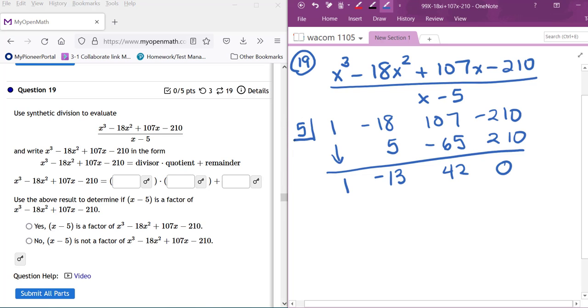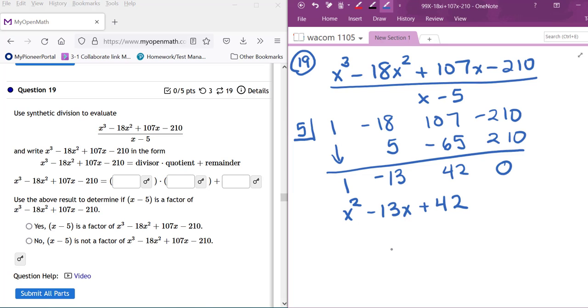So let's put it back to get the answer form they want. We drop 1 degree lower, which will be x squared minus 13x plus 42. So that's our polynomial coming out of it, right? And they want 2 pieces multiplied. So the other thing that is your divisor.